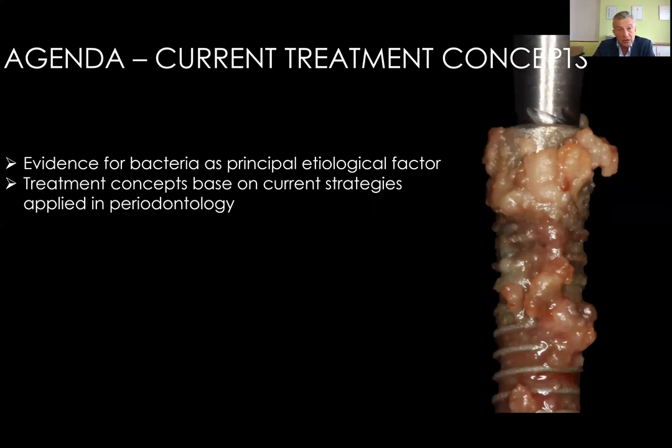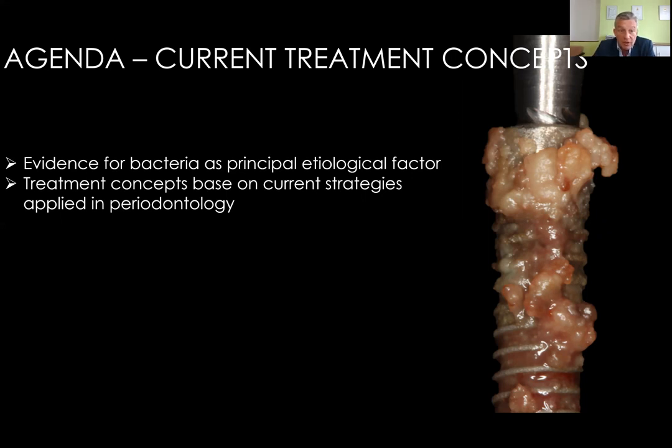What is the etiology of periimplantitis? We all know the evidence for bacteria as a principal etiological factor is imminent. So we know that because if we remove bacteria, inflammation goes back.